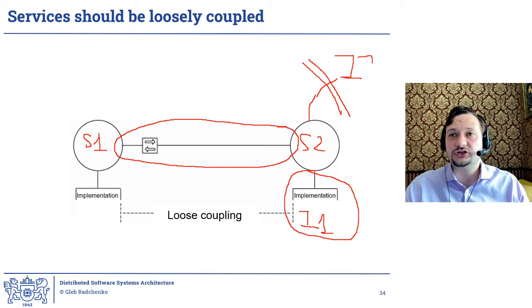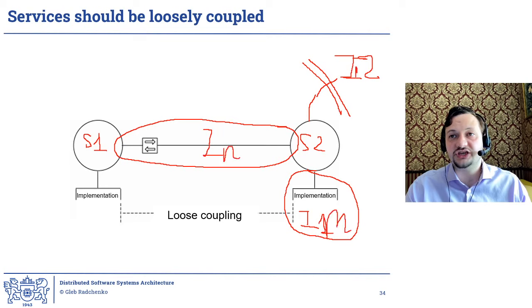This is implementation 2. And if the interface stays the same, that means that service 1 would be able to communicate with service 2 the same way it communicated before. This is interface, this is implementation.